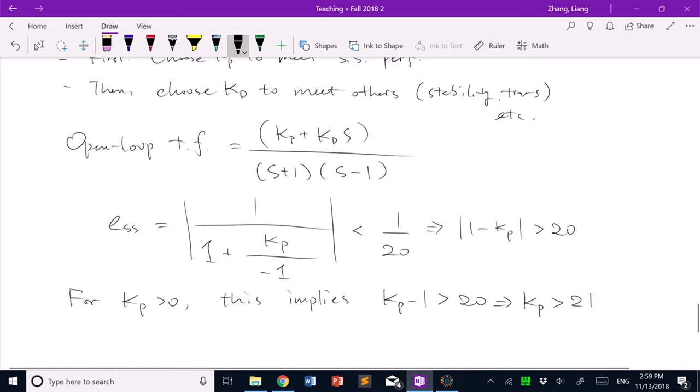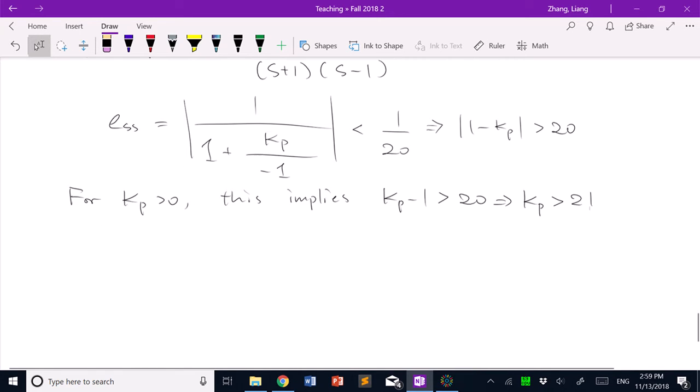Okay, so you can solve this. The other possibility is Kp less than negative 19, which will give you the negative side. But I want Kp to be a positive number. Now, so Kp is obtained.